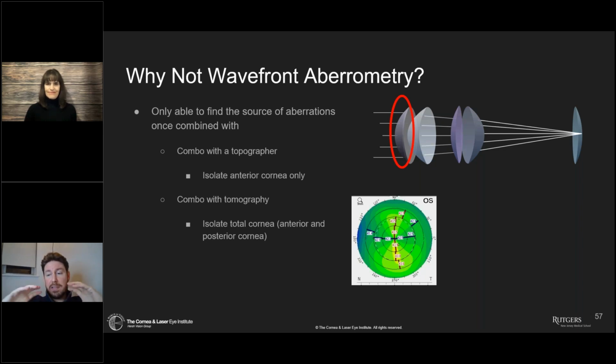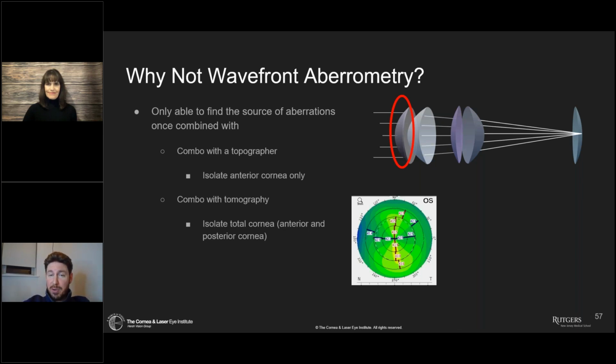So if you look at the eye as essentially a lens system, the cornea is one part of that. And if we know the shape of the anterior cornea, we can eliminate what's happening behind that as a factor. So if the vast majority of the aberration is coming from the anterior cornea, we know that it's likely those aberrations are coming from that point source.